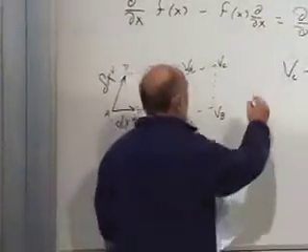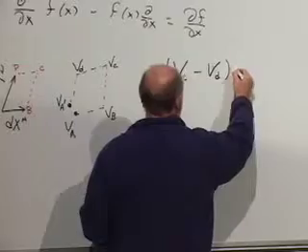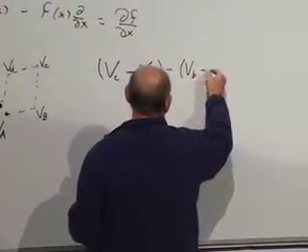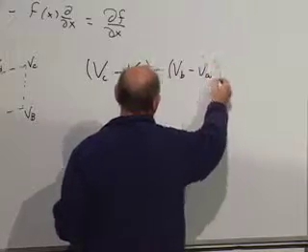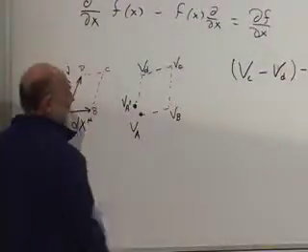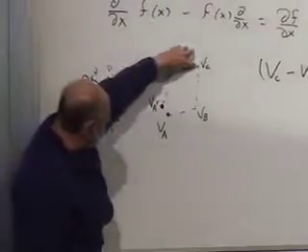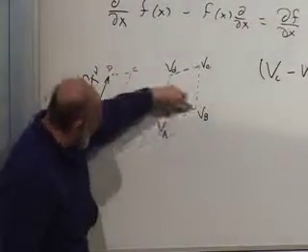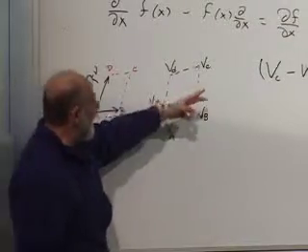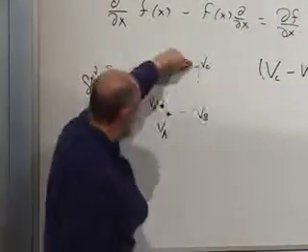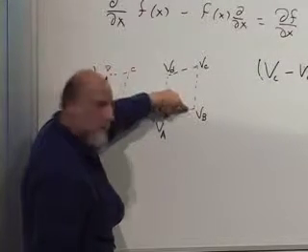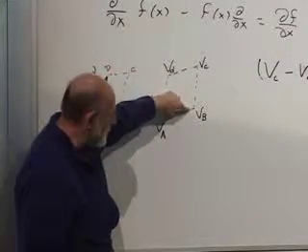And now subtract from that vb minus va. Okay, so let's see what I've done. I've taken vc minus vd, that's a little difference here, and subtracted the corresponding difference down here. I've taken a difference up here and subtracted the corresponding same thing except displaced down here.